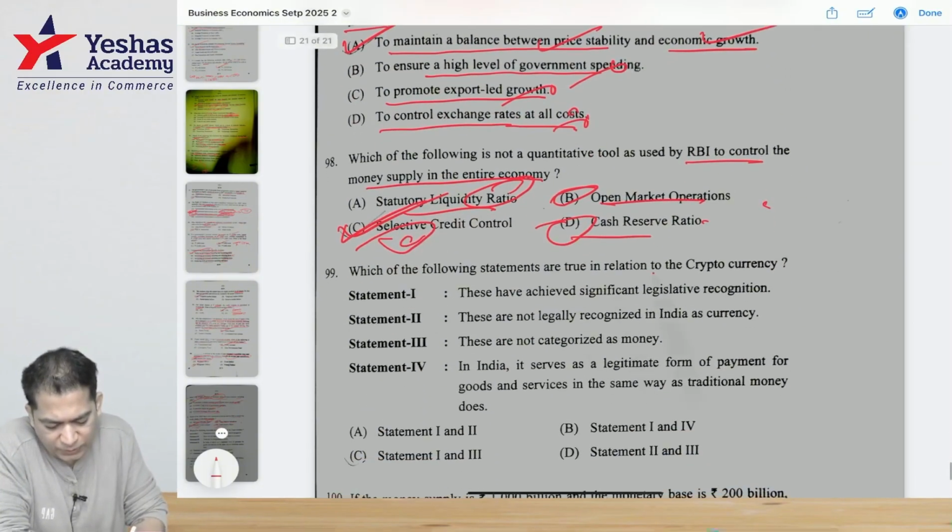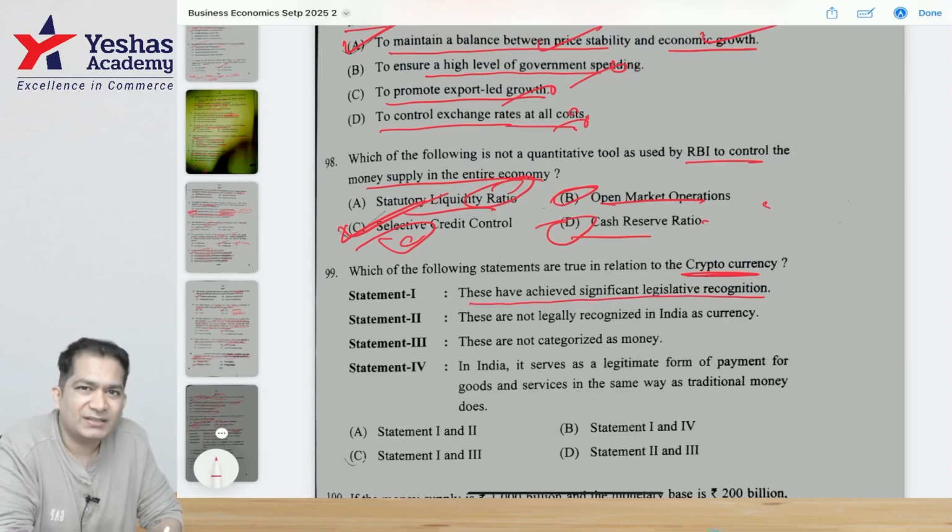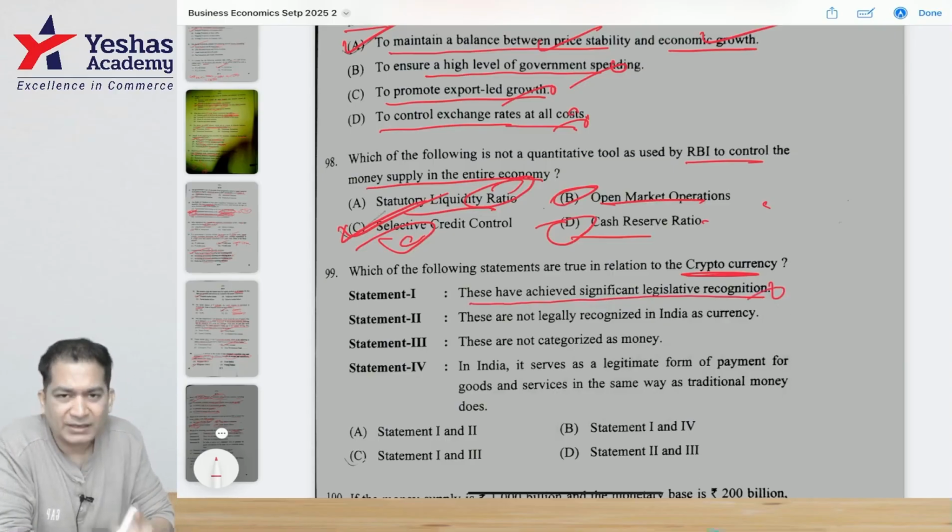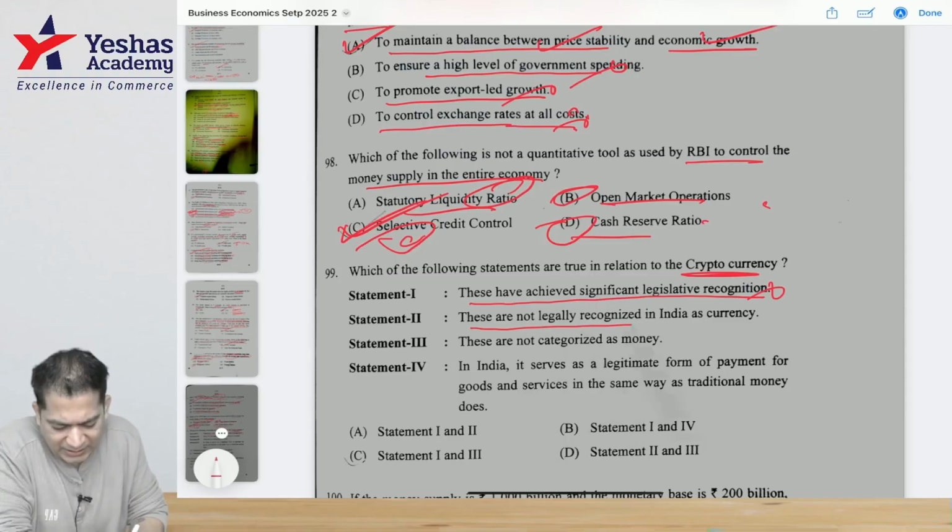Which of the following statements is true in relation to cryptocurrency? Okay. These have achieved significant legislative recognition. No, in many countries they are not recognized. For example, in India, it is not considered a legal tender. Yes, government will tax it, but it's not considered a legal tender. They are not legally recognized in India as a currency. Yes, so wherever 2 is there, that will be correct. So these are not categorized as money. It serves as a legitimate form of payment for goods and services in the same way as traditional money.